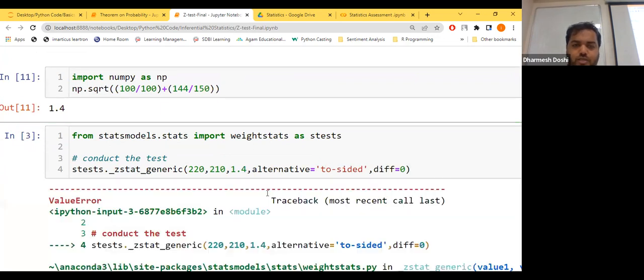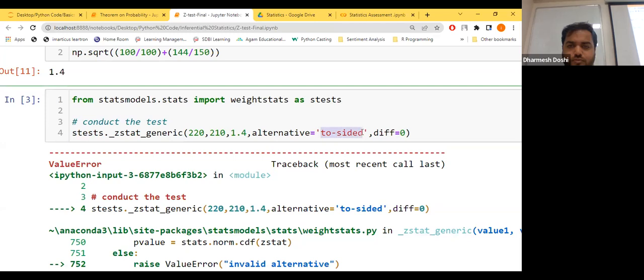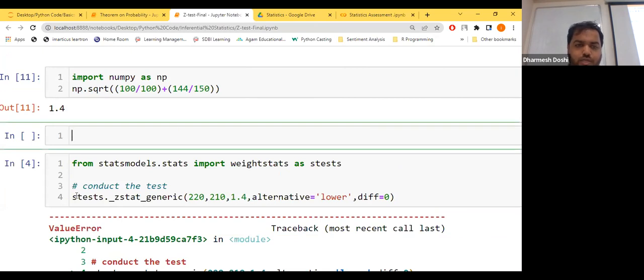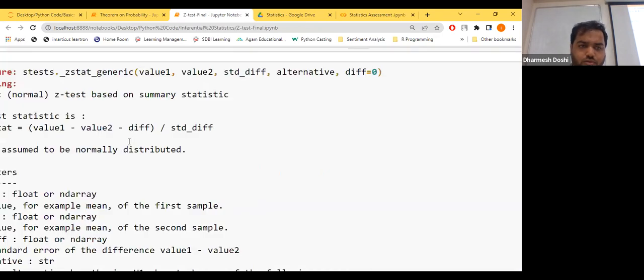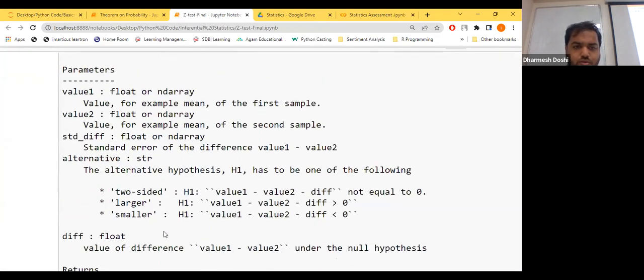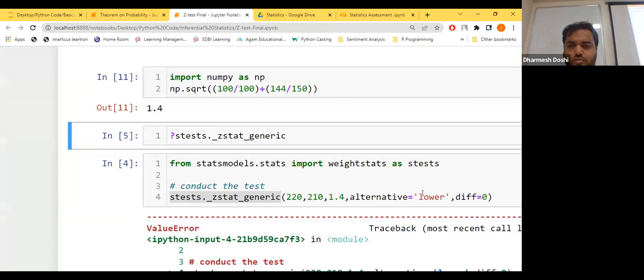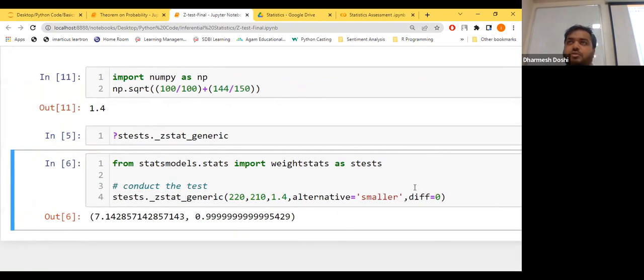Let me correct a spelling mistake. It will give me the option to write lower. One second, okay? Let me check what we write over here. Smaller or larger? So here we have smaller. Same answer.